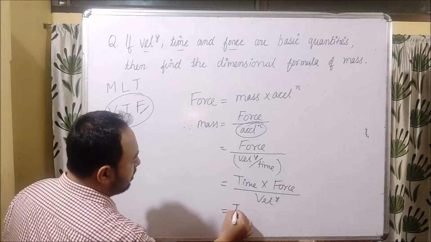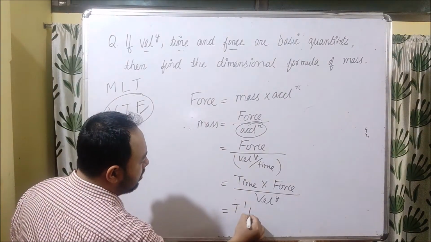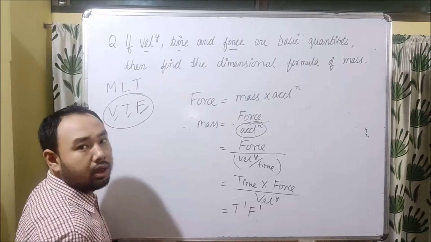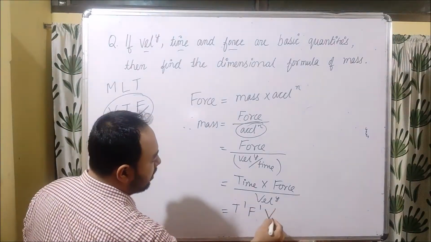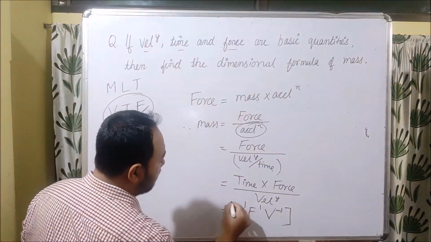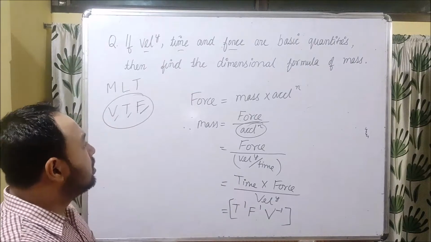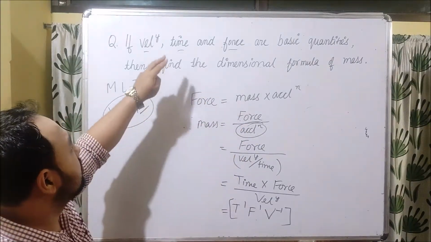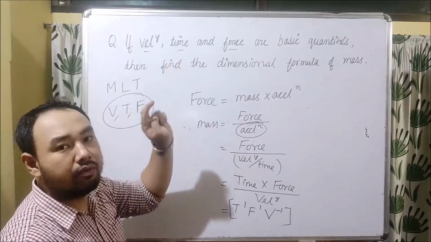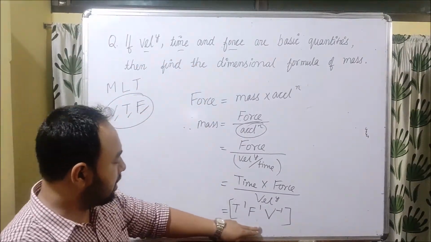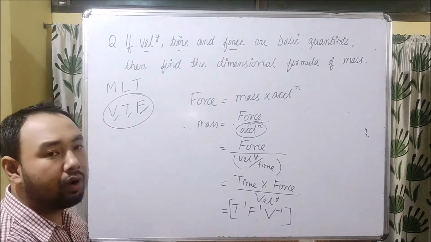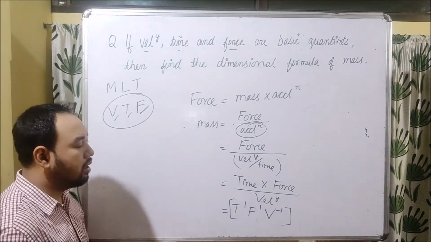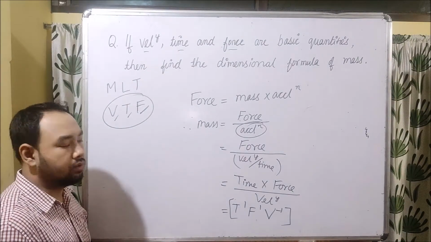So here T1, F1 and V will be what? It will be minus 1. So the dimensional formula of mass based on velocity, time and force is written as this: T to the power 1, F to the power 1 and V to the power minus 1.